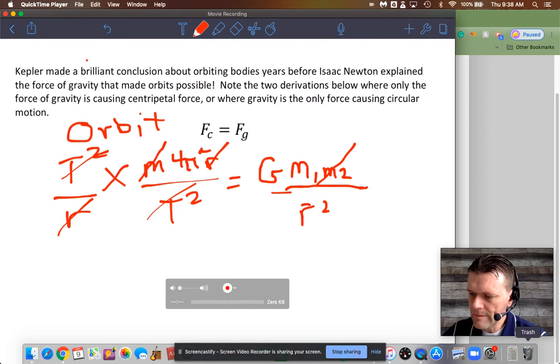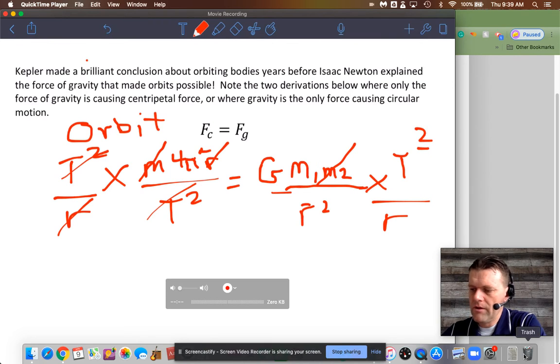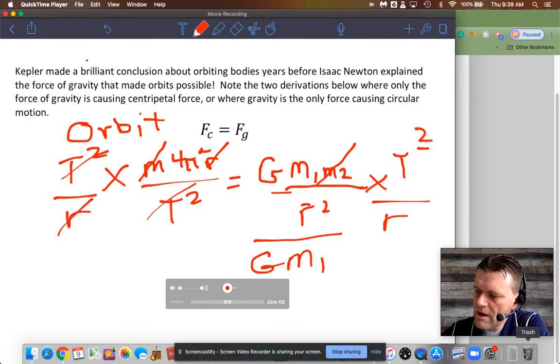That's going to move T squared over here, and it's going to bring an r down below. Now, I still have 4 pi squared on the left-hand side, and I have G m1 on the right-hand side. So if I divide by G m1, then I can get rid of that.